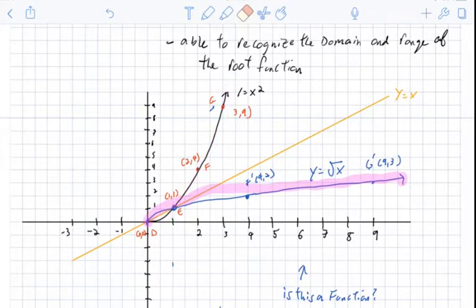The chief distinguishing feature of the parabola is the vertex, the highest point or the lowest point, the bottom of the U. The vertex of a parabola corresponds to the leftmost point of the square root function.